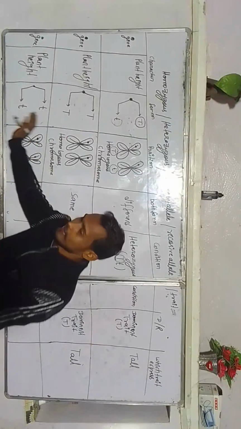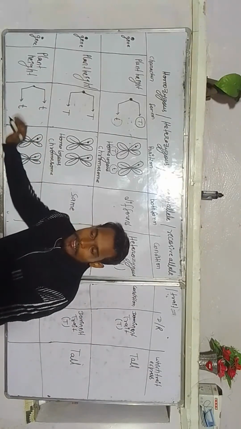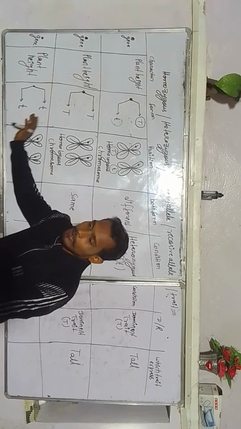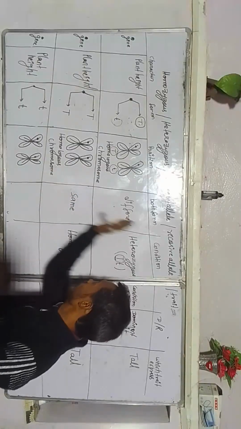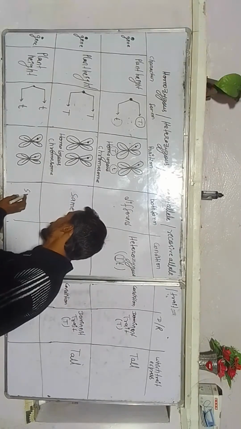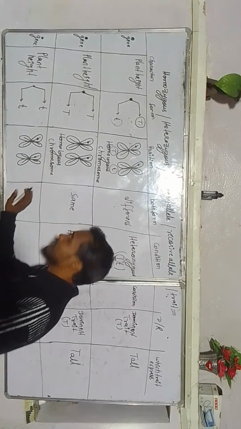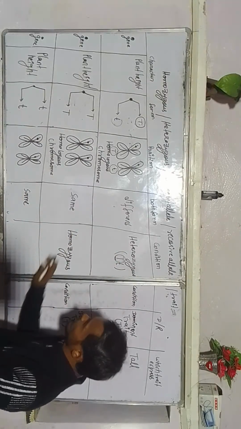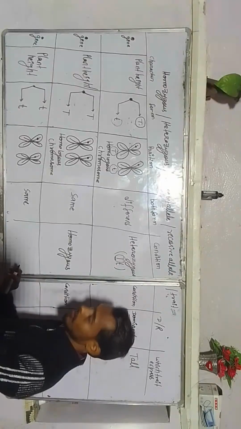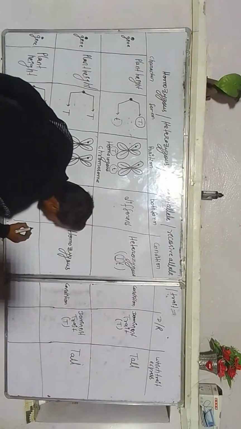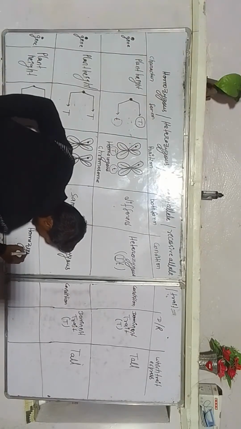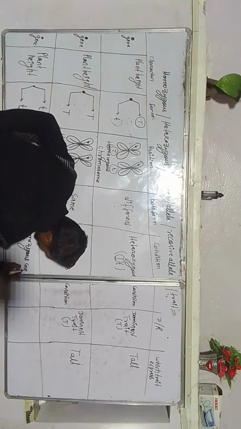Both forms of the allele are the same. When the allele is the same, the condition that arises is homozygous, because it is the same. So homozygous condition.